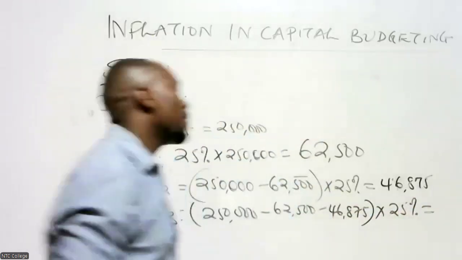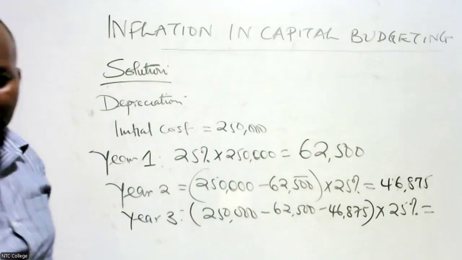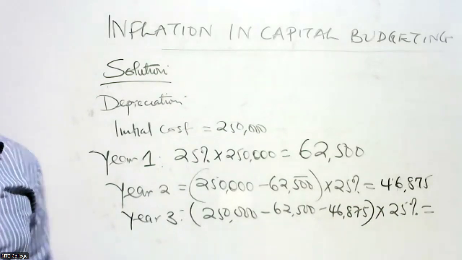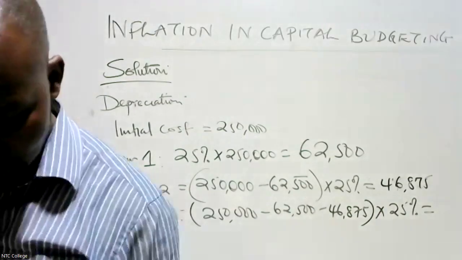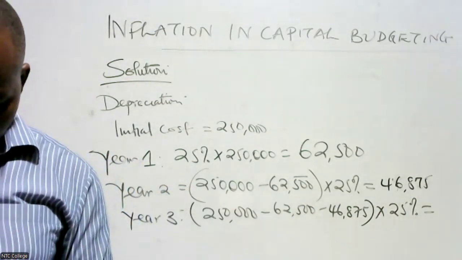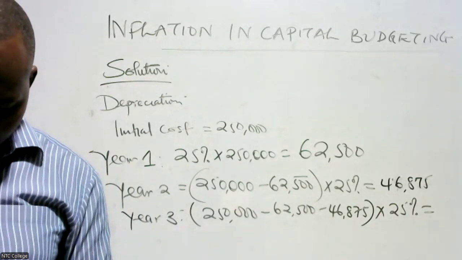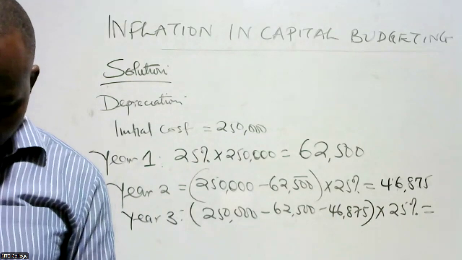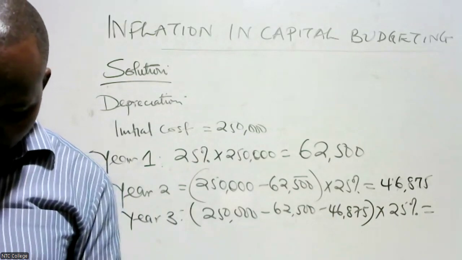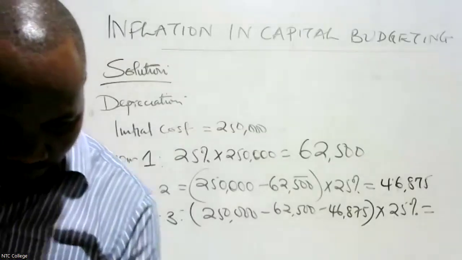That is how you work with reducing balance. So what are you having? $35,156.25.